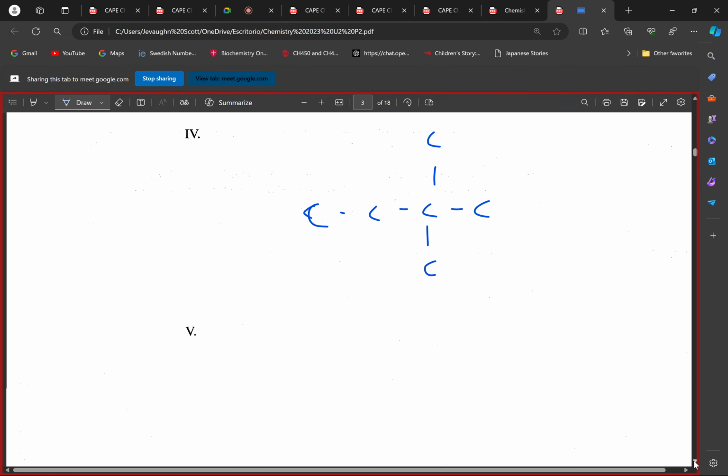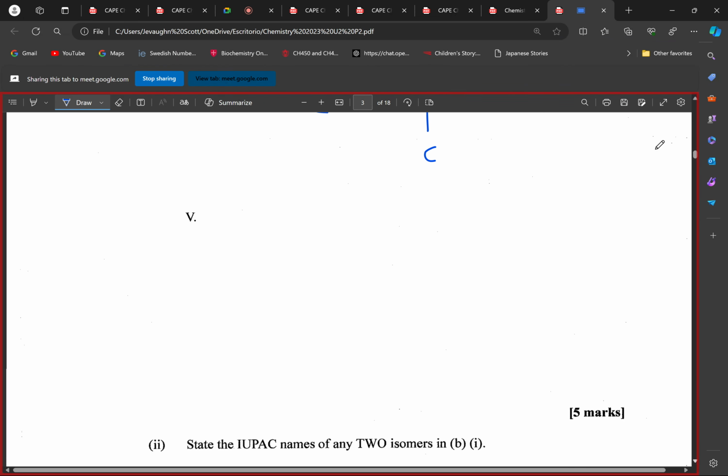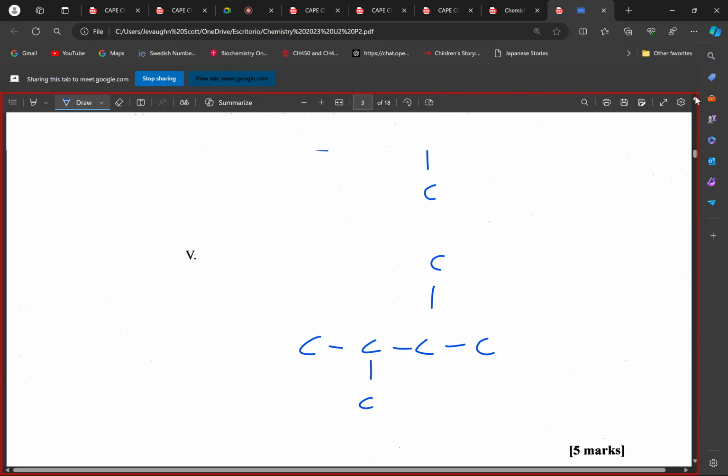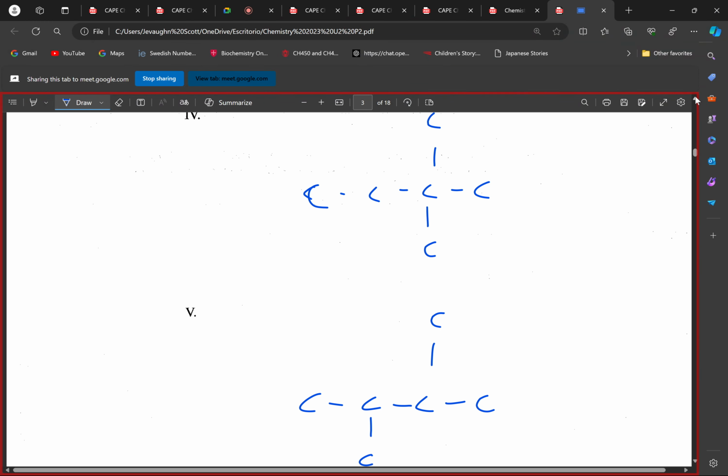And last, is this the last one? Yeah, and last but not least, we could have this as an isomer. These are the possibilities now. Those are 5 isomers that we could have.